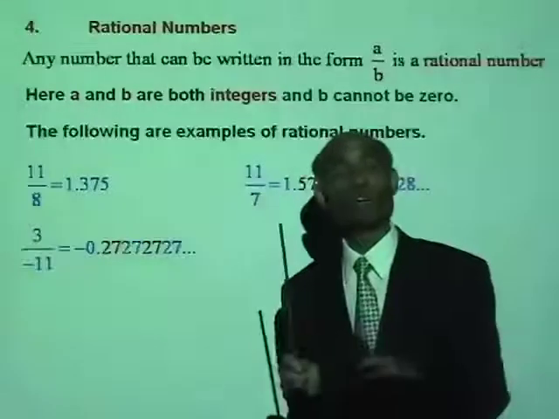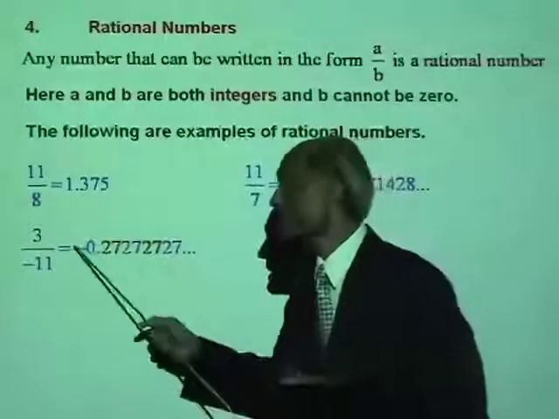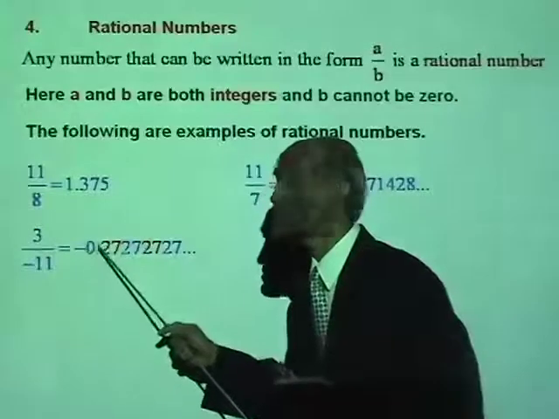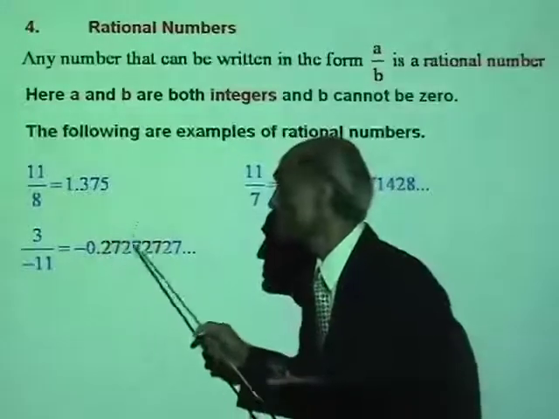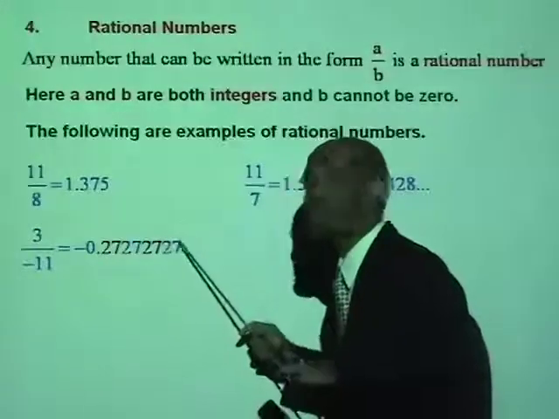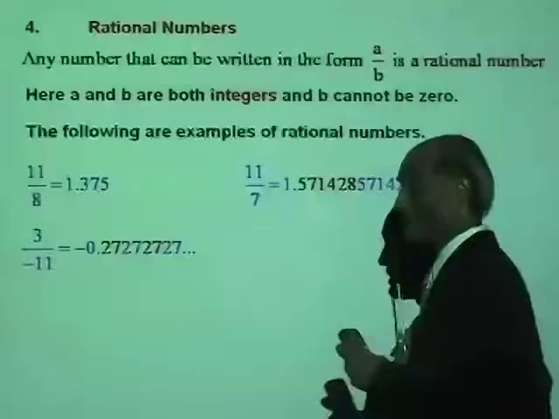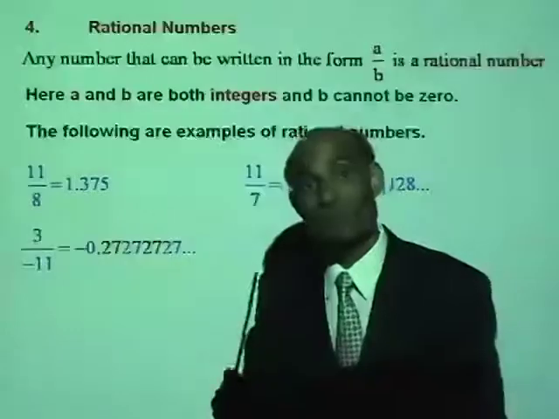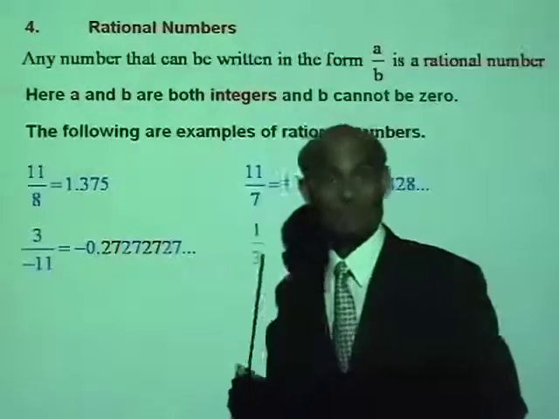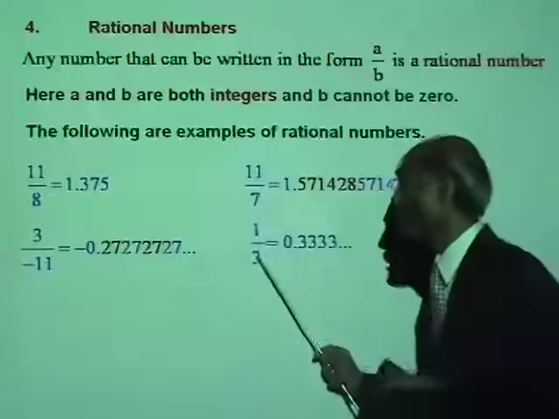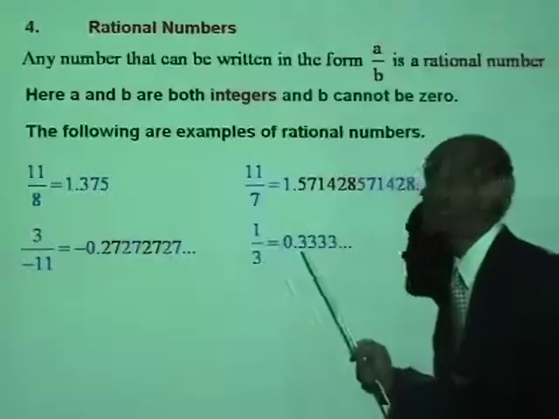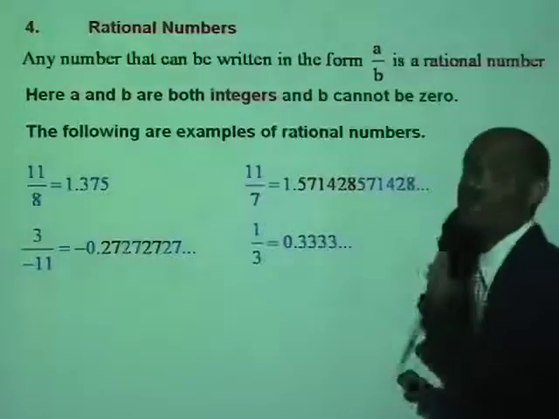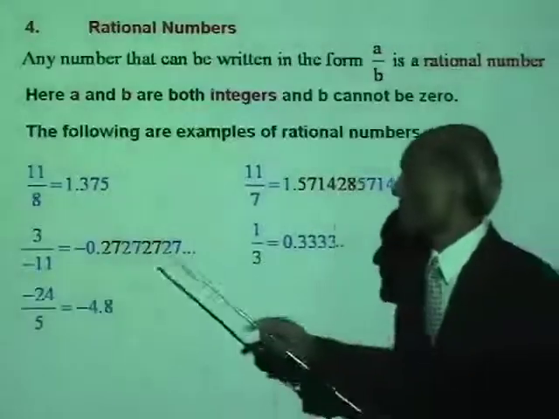And look at this number, 3 divided by negative 11. If you work it out on your calculator, it gives negative 0.272727272727. It goes on and on and on. Is that a predictability? Yes. And look at this. 1 over 3 is 0.333333, and so on.